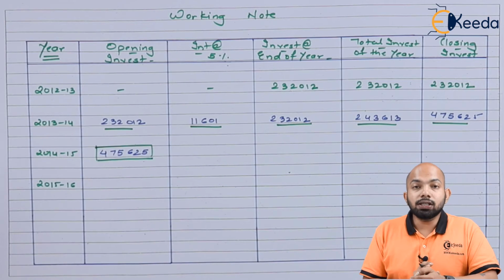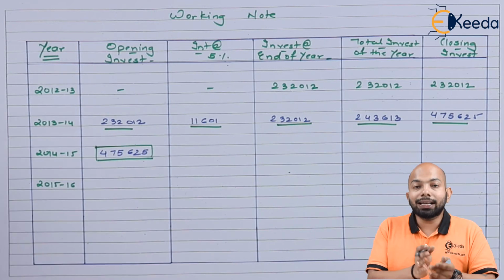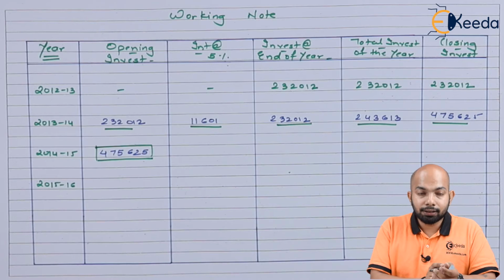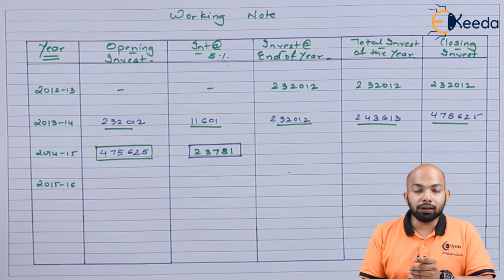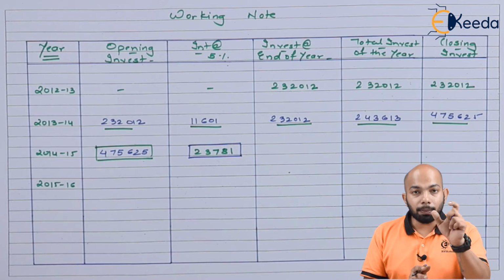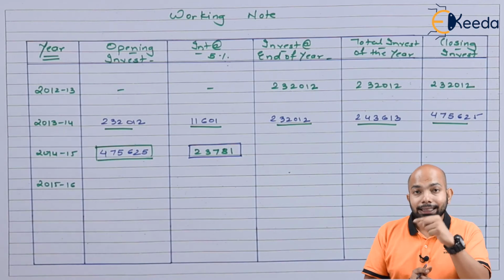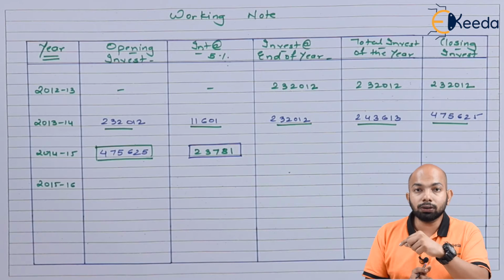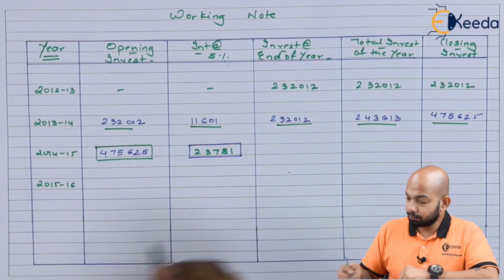Now, this amount is the opening investment. On this, you will calculate 5% interest. Now this interest has been calculated. Again, the investment that you will be doing at the end of the year is the amount of depreciation itself. Hence, this will include 2,32,012 rupees itself.